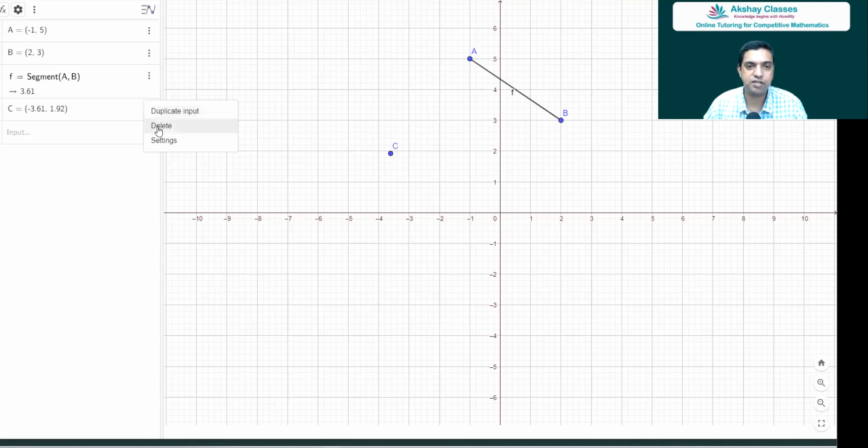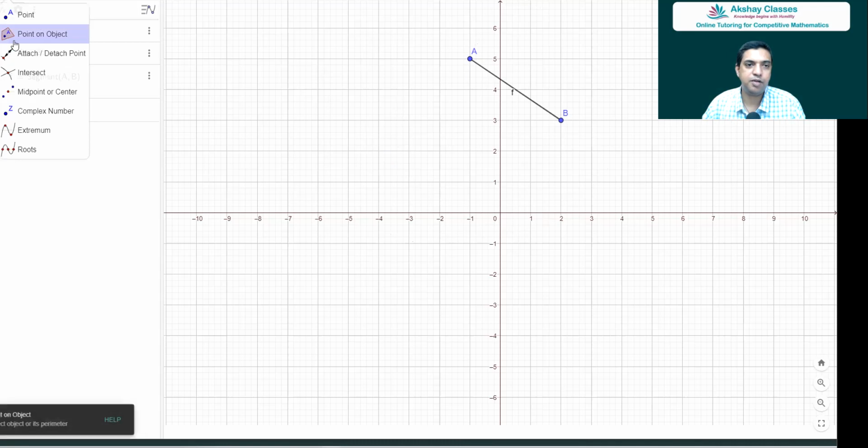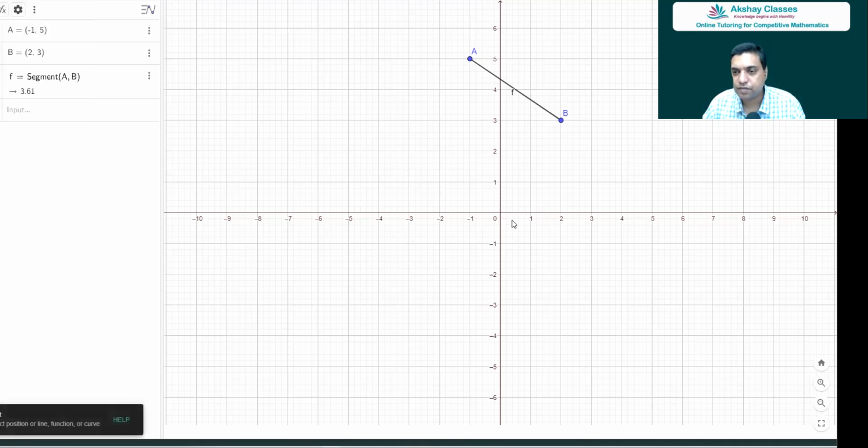Otherwise, I would have constructed. So midpoint of this is (-1 plus 2) by 2, that is 0.5, and (5 plus 3), 8 by 2 is 4. So we'll mark the midpoint.